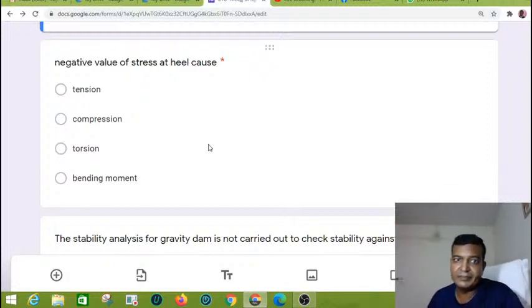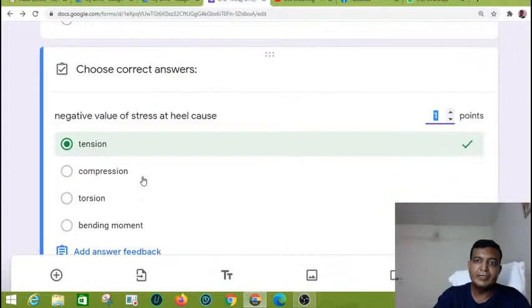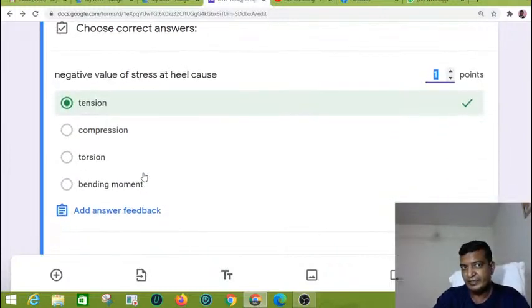Negative value of stress at heel causes tension, compression, torsion, bending moment. The negative value of stress at heel causes what? Tension. Negative value of stress at heel causes tension.